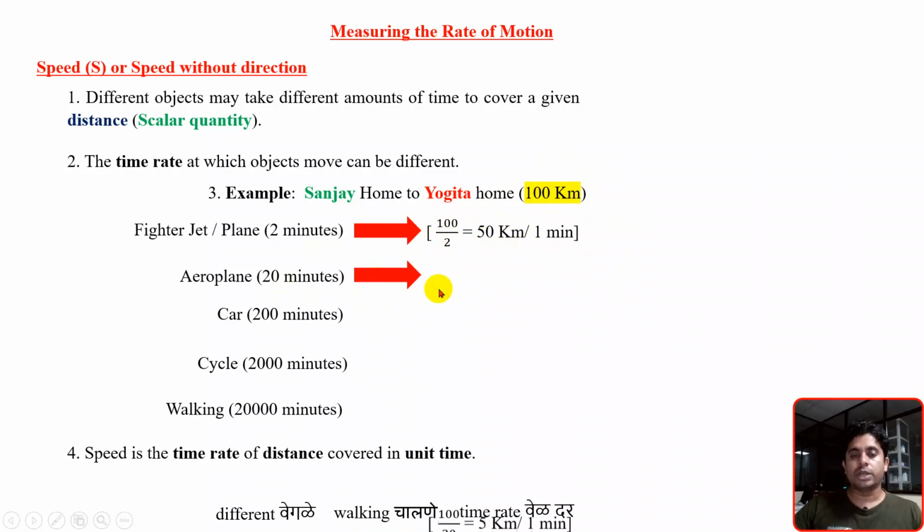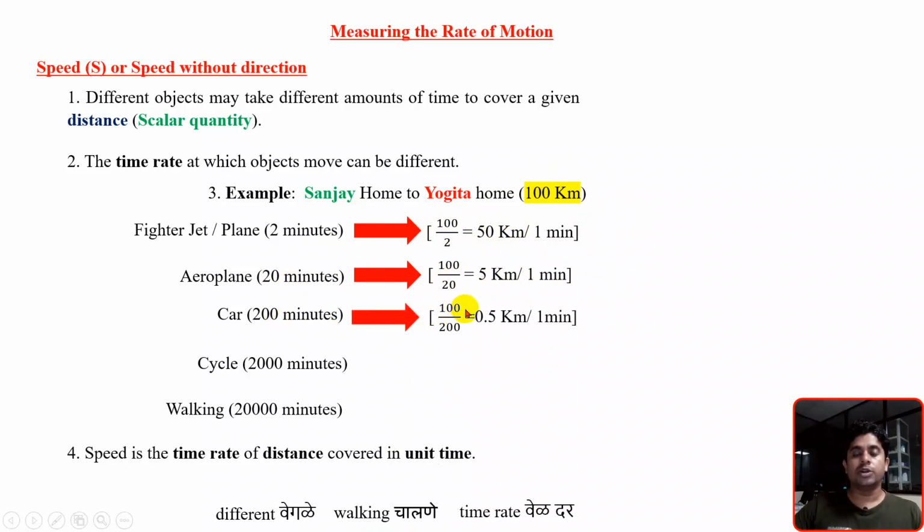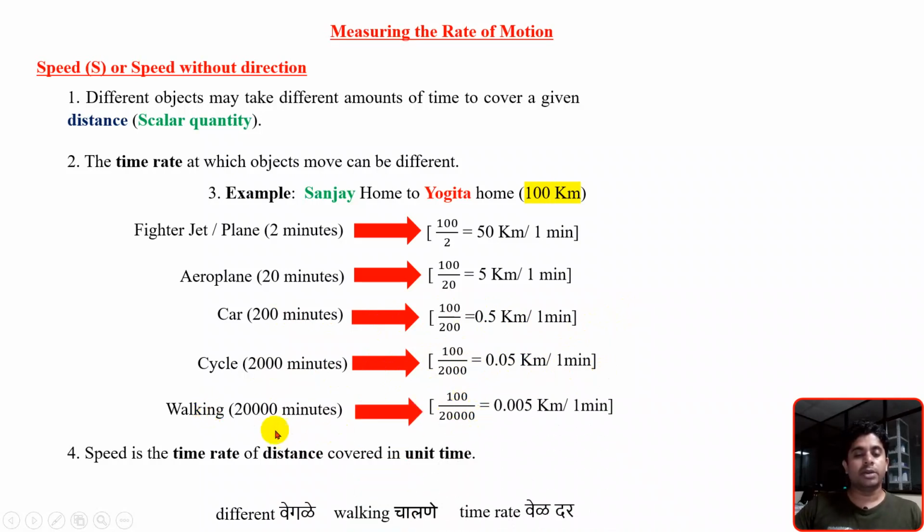For the car, 100 kilometers divided by 200 minutes is 0.5 kilometers per minute. For the cycle, 100 divided by 2000 minutes is 0.05 kilometers per minute. And for walking, 100 divided by 20,000 minutes is 0.005 kilometers per minute.